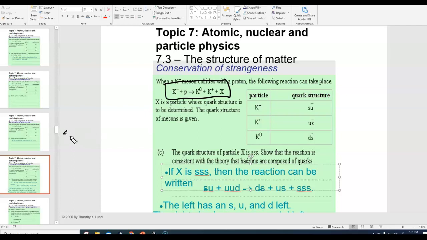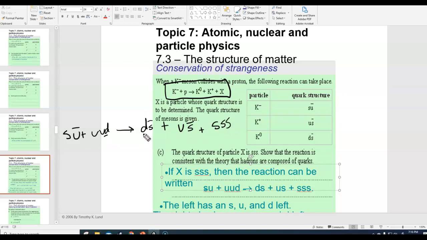K- is S, anti-up. A proton is up, up, down. K0 is down, anti-strange. K plus is up, anti-strange. And then X is given as S, S, S.